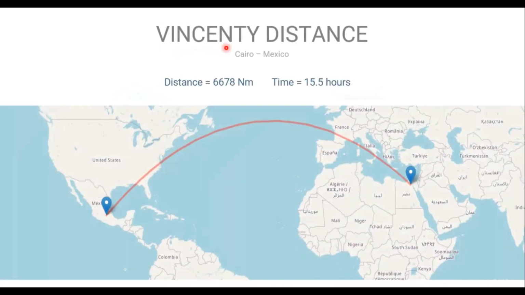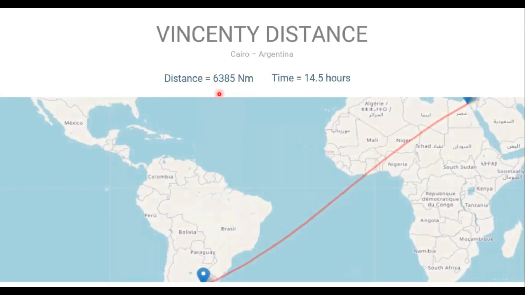The distance in general measured for all of the performance measures of the aircraft is distance on the ground. This is just an example. Between Cairo and Mexico, we are crossing around 6,000.6 nautical miles, and between Cairo and Argentina, 6.3 nautical miles.